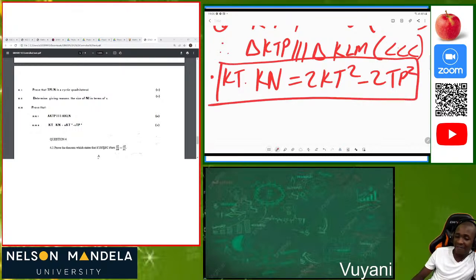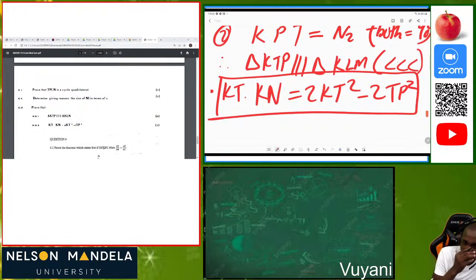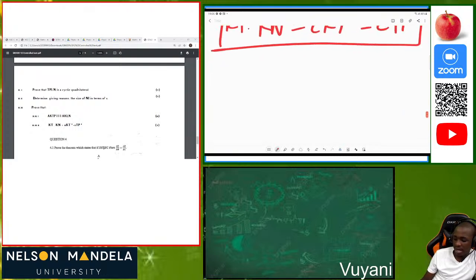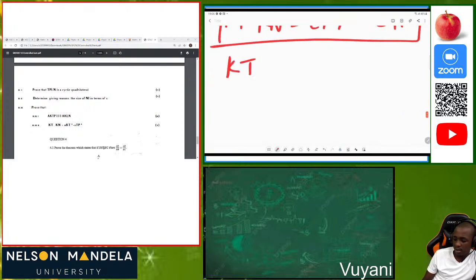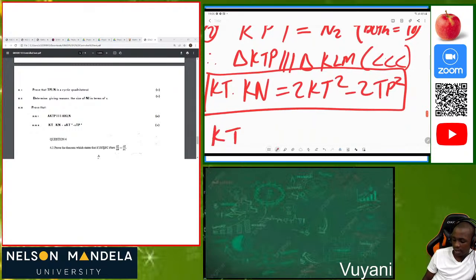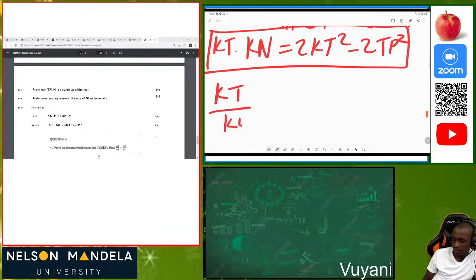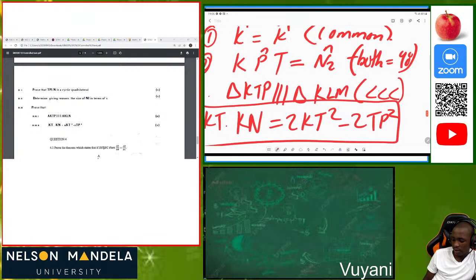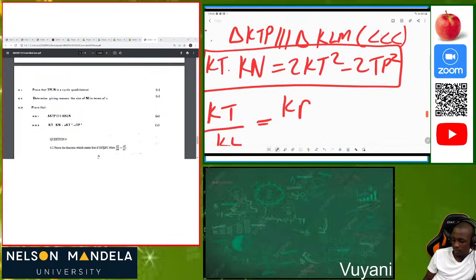Since we now have the similar triangles, triangle KTP and triangle KLN, how can we solve that? We can say that KT over KL is equal to KP over KN. What is the reason? Similar triangles, right?